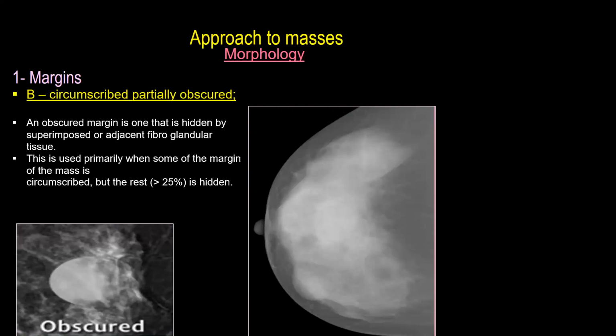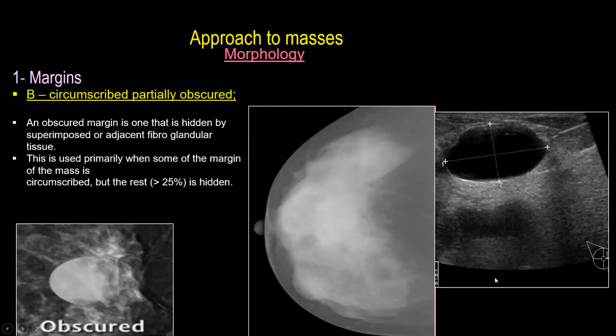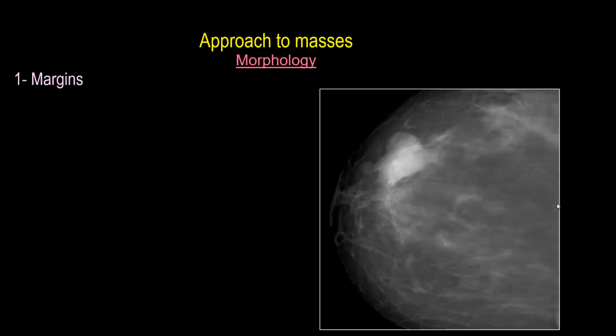Okay, let us go for another example. You see, it was a cyst. Can you see? This is the outer border, what we have seen here, and this is the deeper portion. Look at the parenchyma coming here, obscuring this portion of the cyst. What about this one? How can we call it?